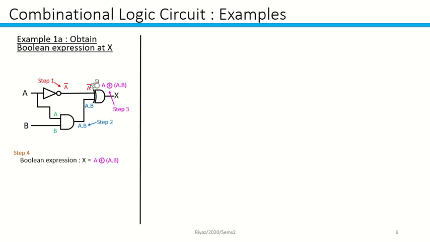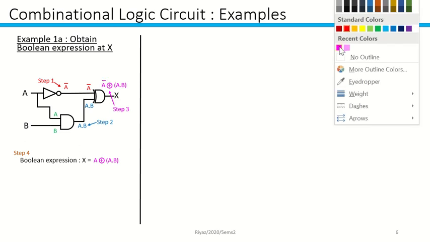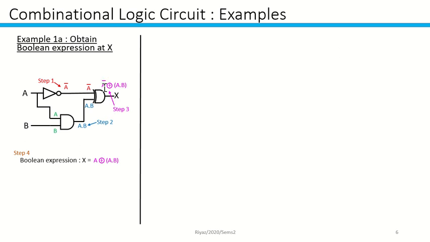My bad, my mistake, I just bring it over here. So A bar exclusive OR A dot B will be your final answer. So step 4 is your Boolean expression: X will be A exclusive OR A dot B bar.